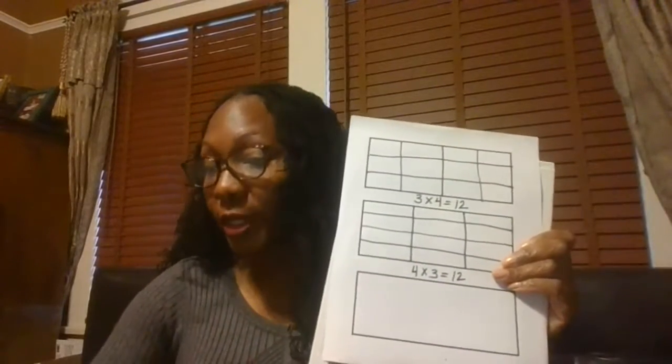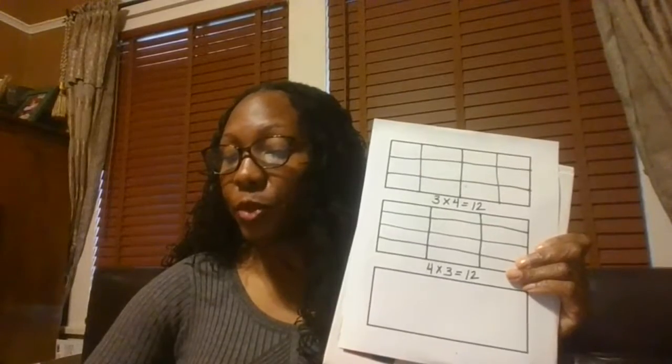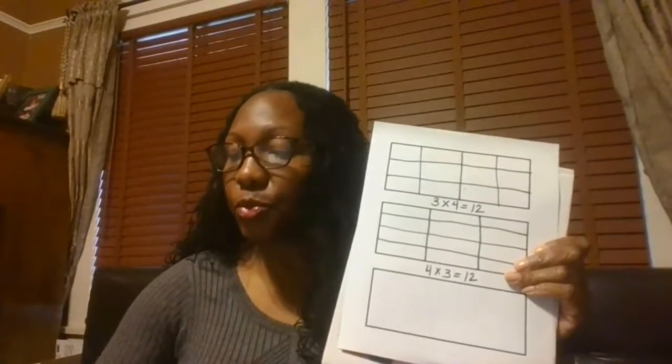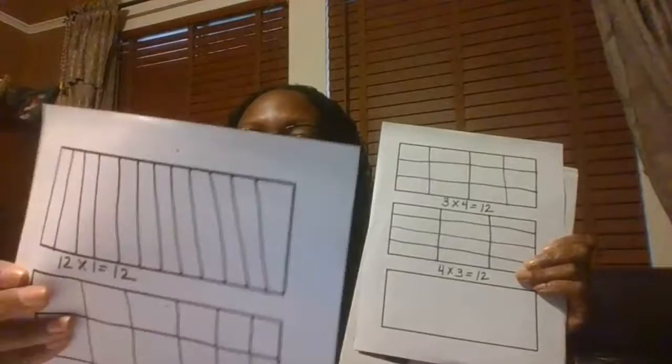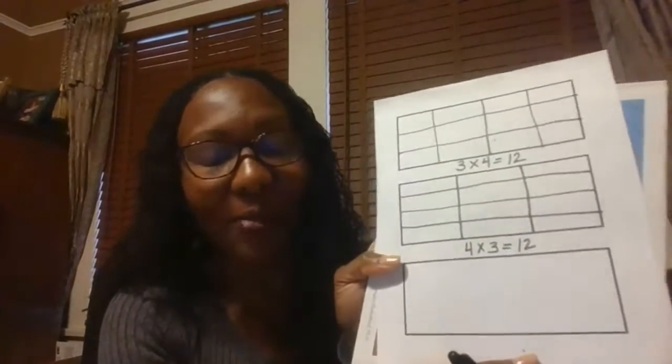Now, if you wanted to, you could also do 12 columns going across, like so. All right, I'm going to try. I don't know how neat this will come out, but I will try to see what it will look like.